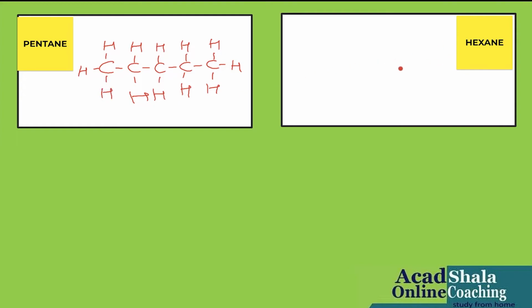Okay. Now let us do for hexane. Hex means 6. So I will make 6 carbons: 1, 2, 3, 4, 5 and 6. Now let me satisfy all the carbons. I'm having 1 already, so 3 more to satisfy. This carbon 2, so 2 more to satisfy.